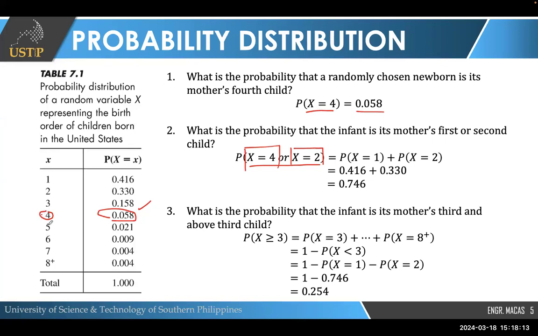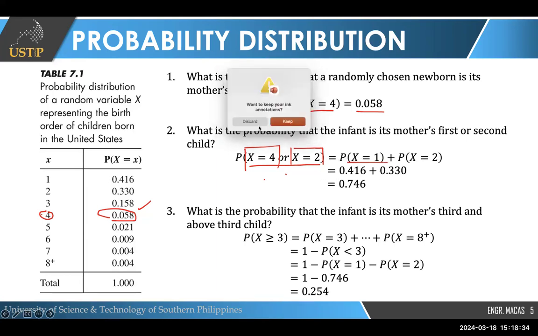In the same way nga kung ika-fourth ka, dili na ka pwede ma-second. So, they're mutually exclusive, and so we can just use the additive rule of probability.